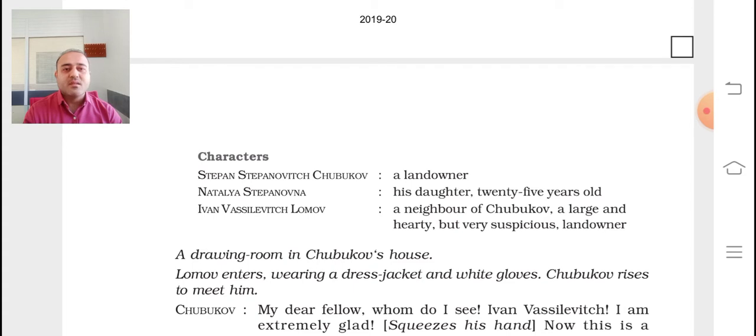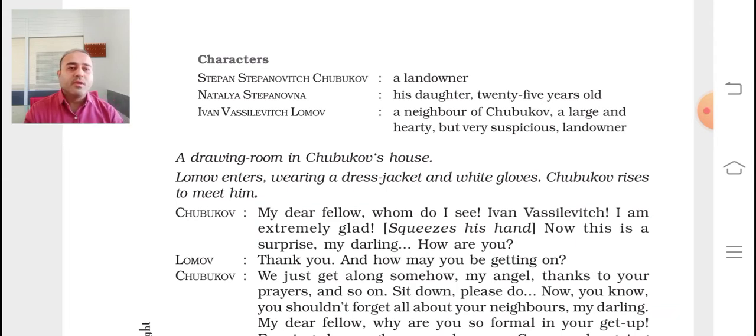Then next is Natalia Stefnovna, she is the daughter of Shubuko, and she is 25 years old. The next is Ivan Vasilevich Lomo, and he is the neighbor of Shubuko, a large and hearty but very suspicious landowner. So these are the characteristics of Lomo.